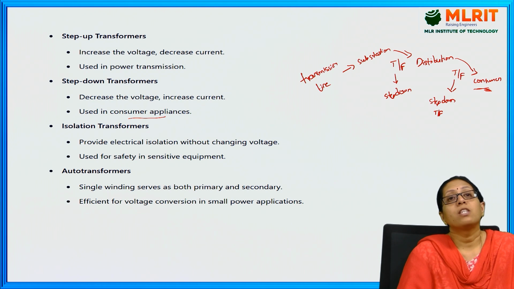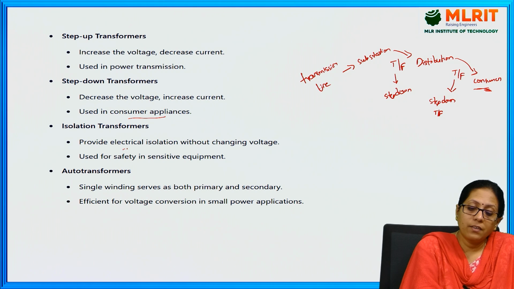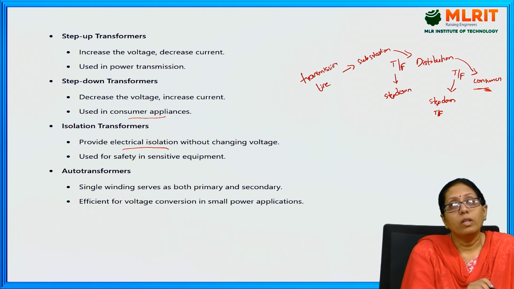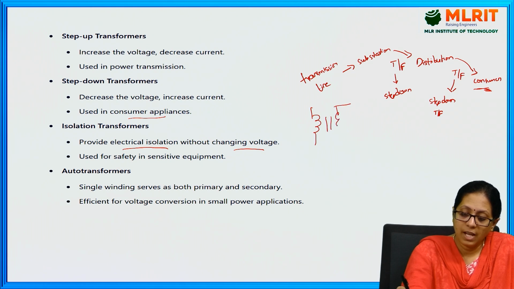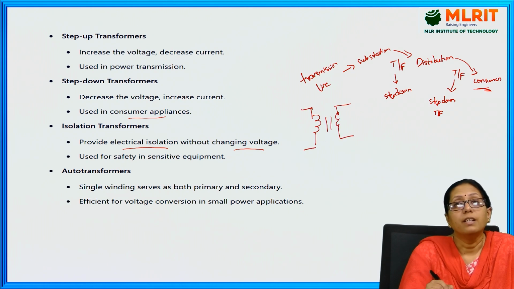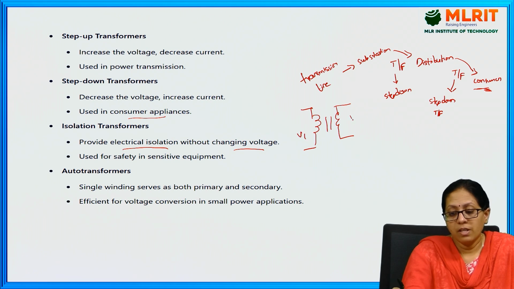Next one is isolation transformer. This isolation transformer is provided for electrical isolation without changing the voltage. That means the primary side as well as the secondary side, the voltage is the same. Here it is V1, here it is V2.